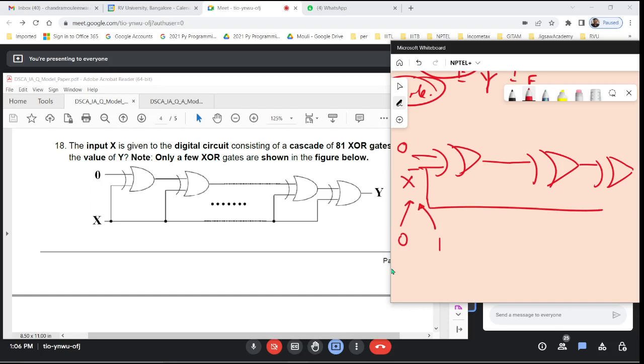Now let us assume a 0 is passed as x, and I want to check what the output is. Now these are all connected. Now I have given 81 XOR gates.